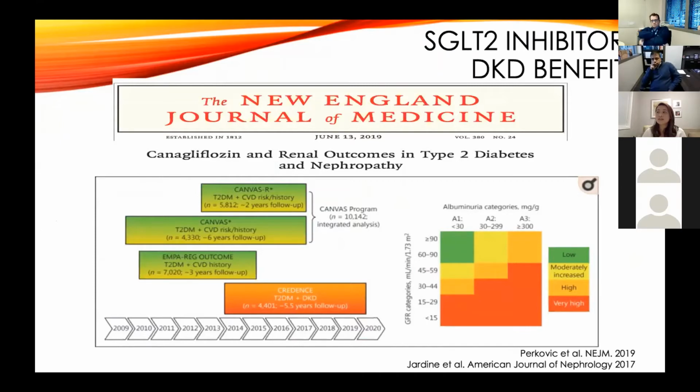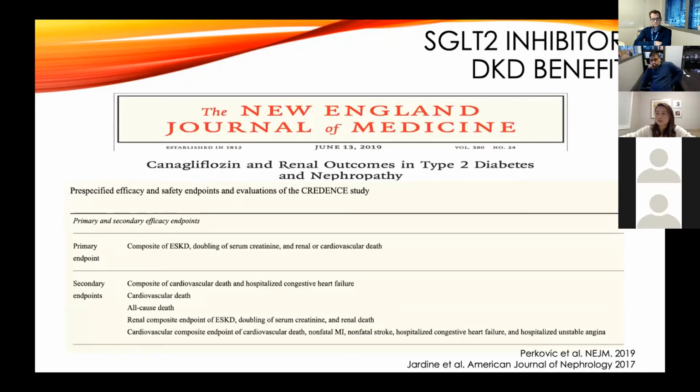They included diabetic patients with eGFR ranging from 30 to 90 ml per minute, and albuminuria of 300 to 5,000 milligrams. All patients were on a steady dose of ACE inhibitors or ARB for at least 4 weeks. And the primary composite endpoint was end-stage kidney disease, doubling of serum creatinine, and renal or cardiovascular death.